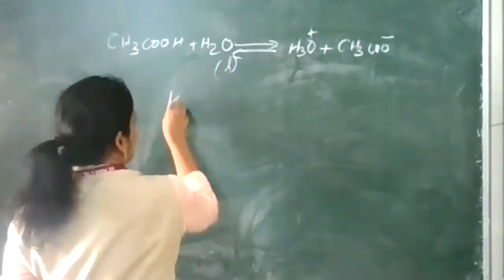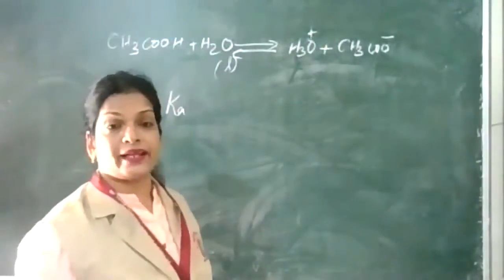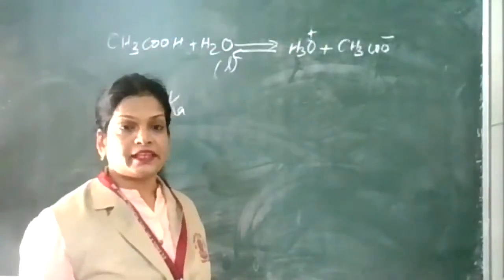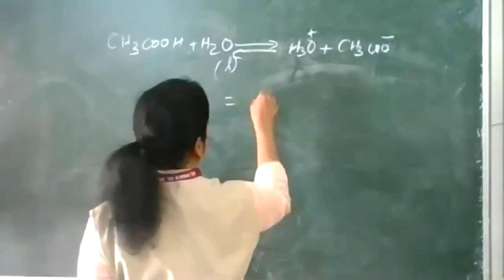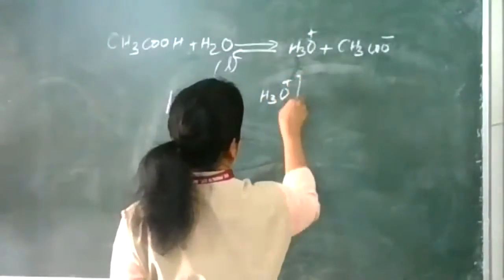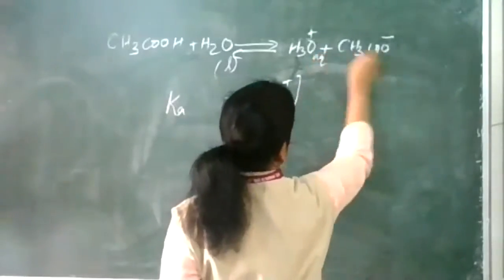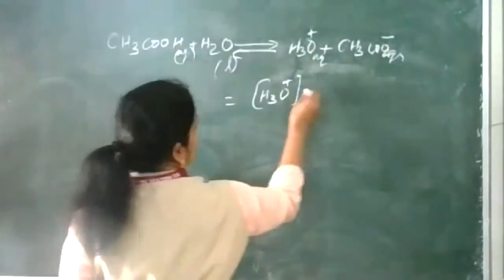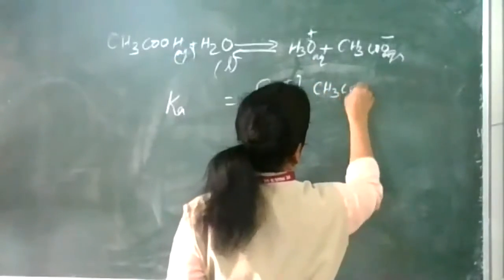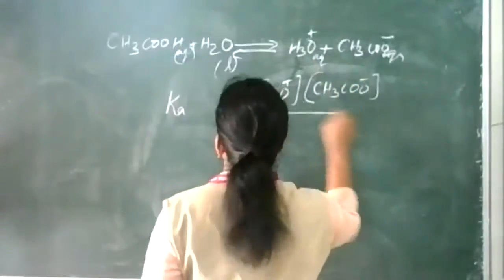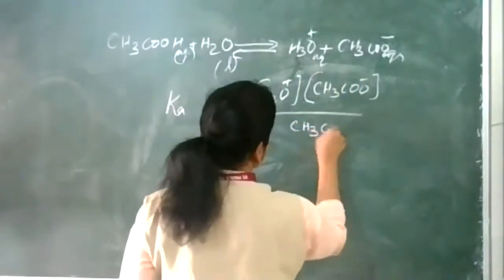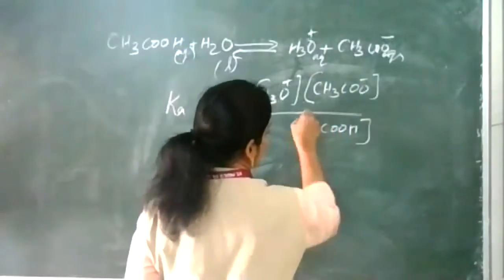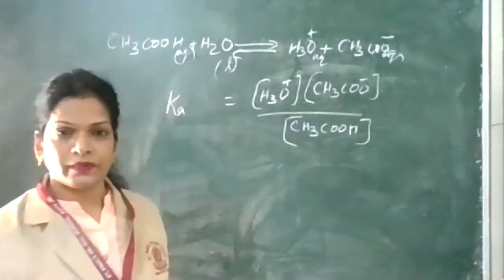So here the Ka value, the equilibrium constant for acid, instead of Kc you can write Ka, and that is equal to [H3O+][CH3COO-] divided by [CH3COOH] undissociated.